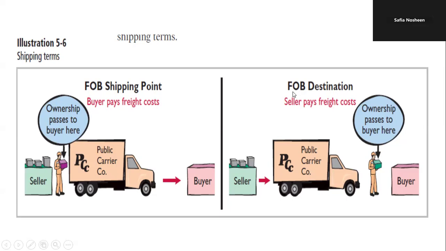Whereas if it is stated as FOB destination, the seller will pay the cost. At the time of recording the transaction, we have to look at whether we are given FOB shipping point or FOB destination. You have to memorize who is the appropriate party to pay for the freight charges.